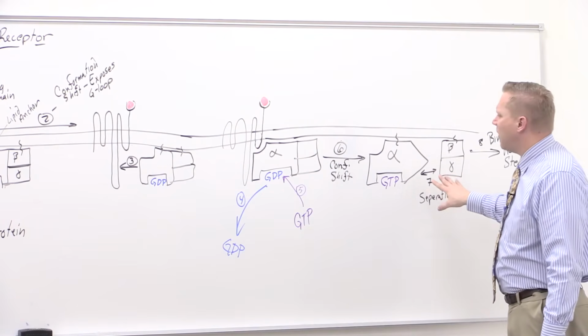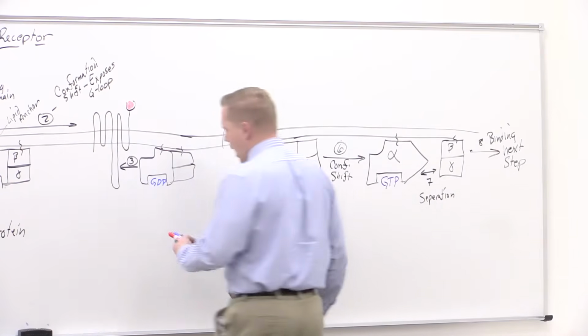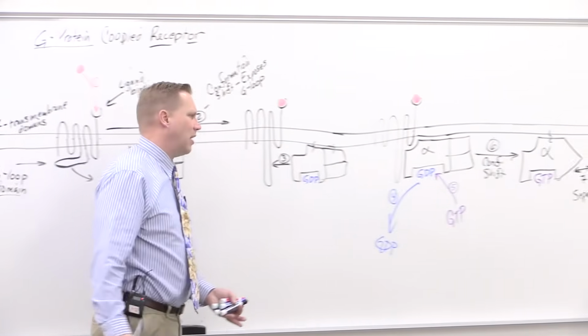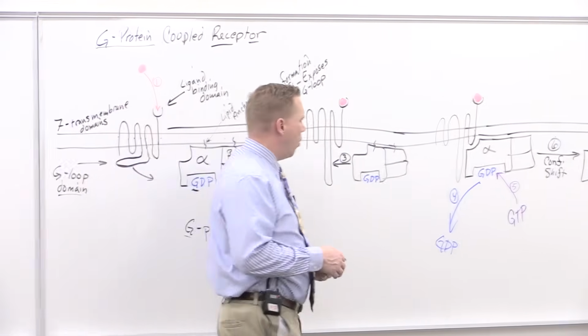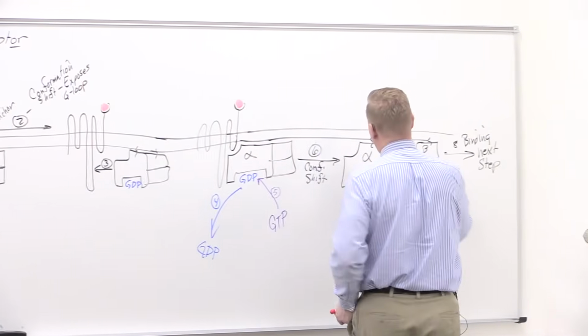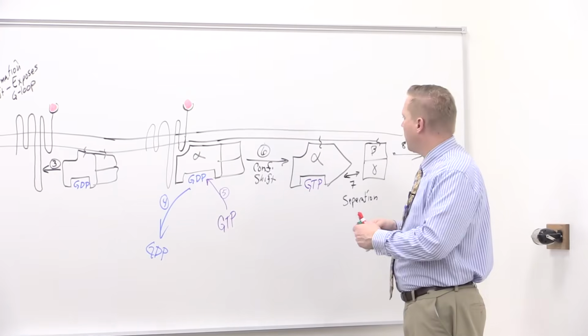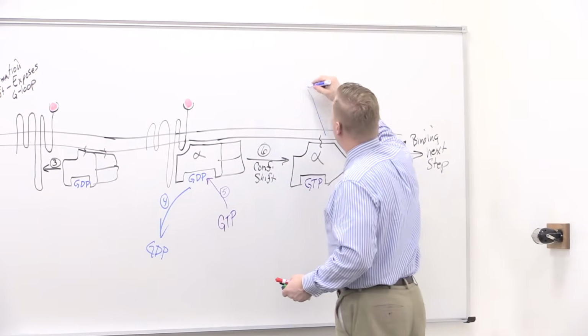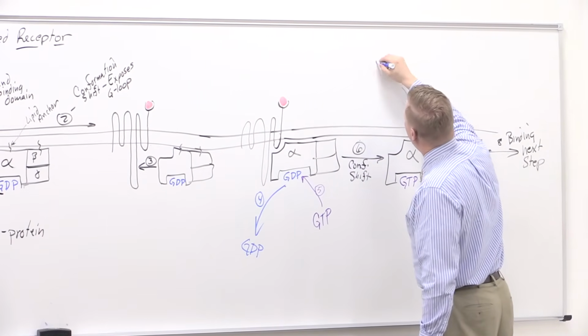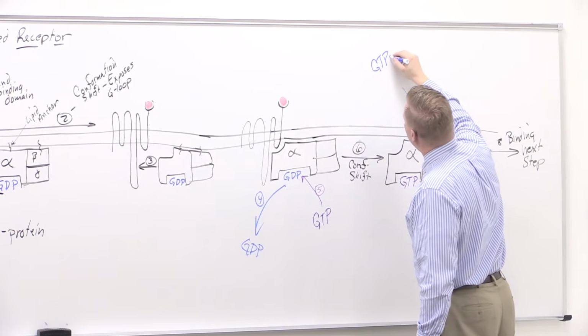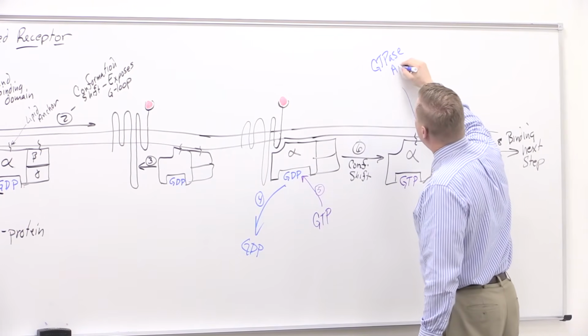So that's the activation. Now, how do we inactivate or deactivate it? Well, to deactivate it, it's going to depend a lot on this alpha subunit right here. This alpha subunit has what we call GTPase activity.